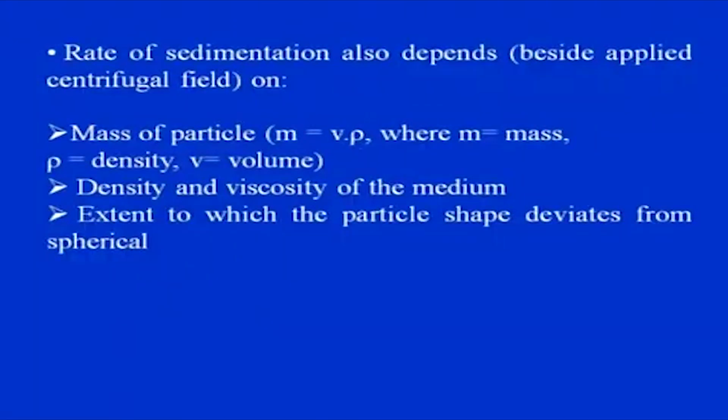One is the mass of the particle. Mass is the density multiplied by the volume, and then it also depends on the density and viscosity of the medium in which it is suspended.